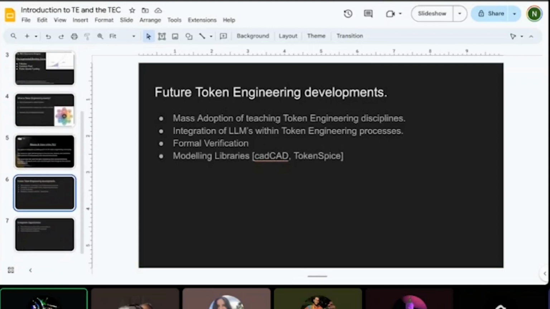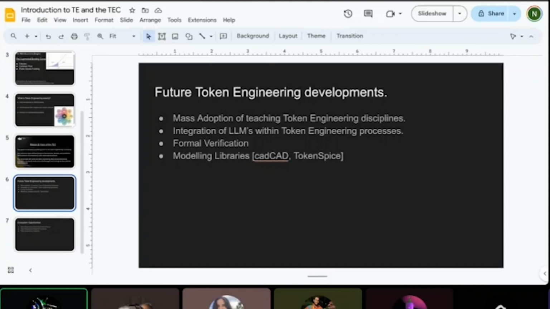There are a lot of future developments that we want to look into that we already have set the foundations for, including mass adoption of teaching token engineering disciplines at universities and other areas, integration of LLMs within token engineering processes, and formal verification, which is a massive part of the token engineering process.